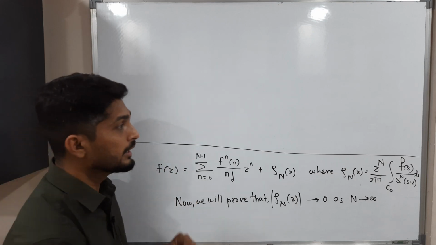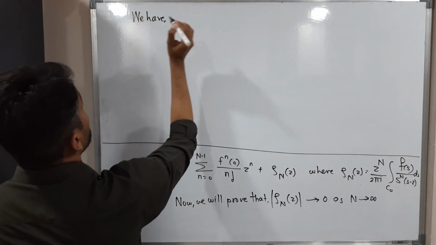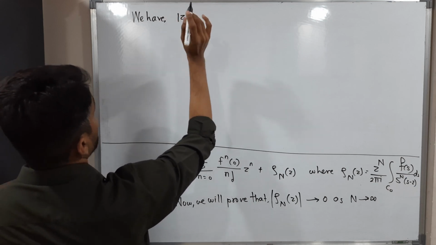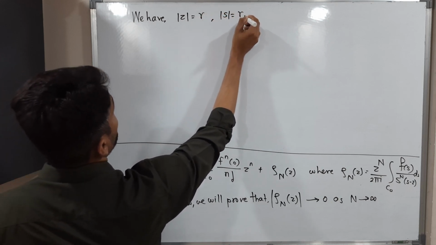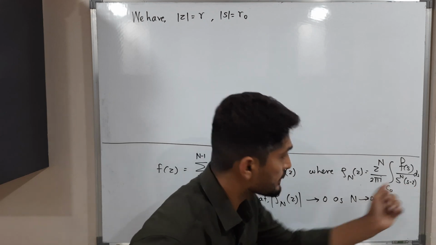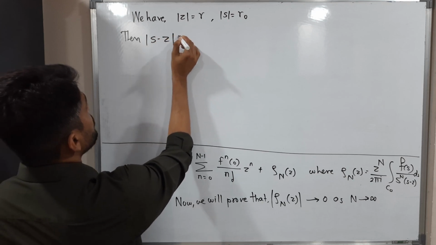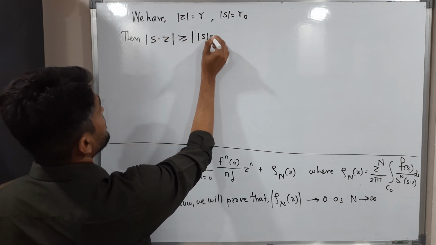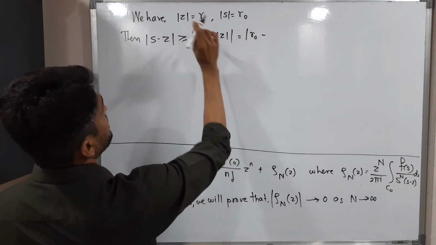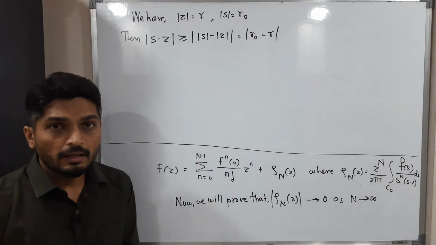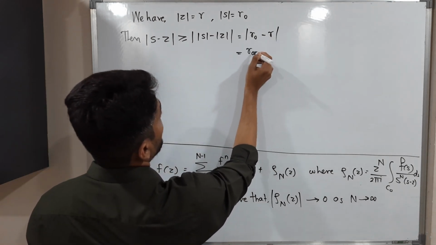So let us do that calculation. Let us recall a few things first. At the beginning of this proof, we have already mentioned mod z is equal to r and mod s is equal to r naught. Let us consider the bracket s minus z. Then mod of s minus z, by inequality, is at least mod s minus mod z, which is r naught minus r.